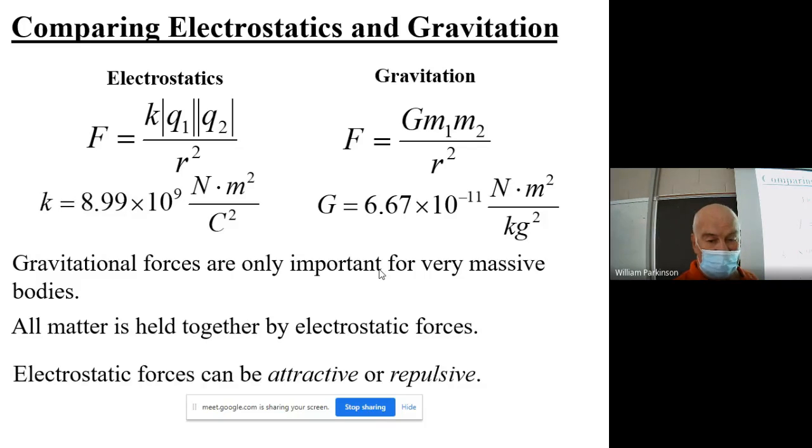Now, here is the other bizarre nature of electricity compared to gravity. Gravity is only attractive. Only. Massive objects pull one another towards one another. No matter how small they are, as long as they have mass, they will have a gravity pull, and it is always attractive.